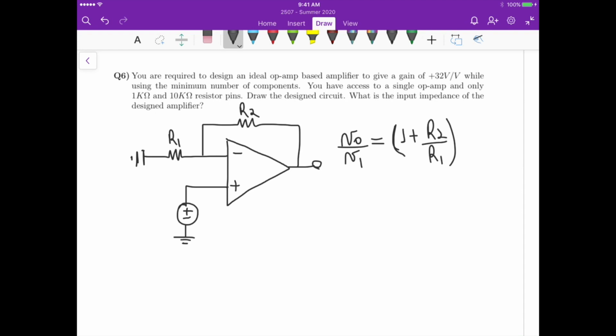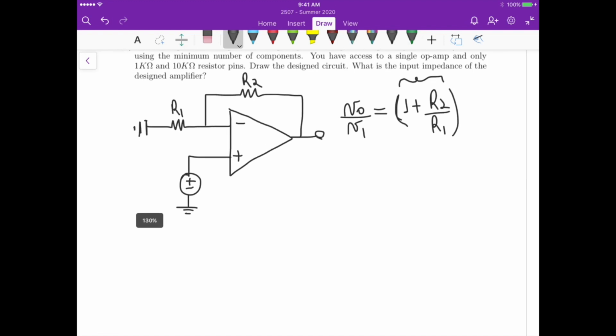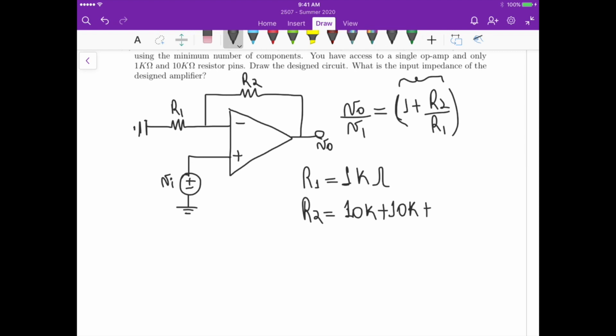Now, because we need this number to be equal to 32, one of the possible solutions is that if we use R1 equals 1K, so we are using just one resistor for R1, and then we can use R2 equals 10K plus 10K plus 10K plus 1K, or R2 equals 31K ohms.